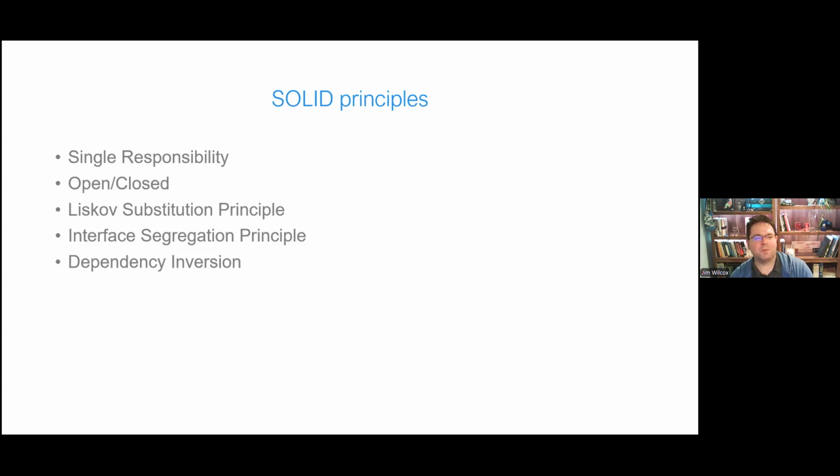Open-closed principle: open to extension but closed to modification. So you can always count on your objects to do the things that they claim to do, and that's part of the process.